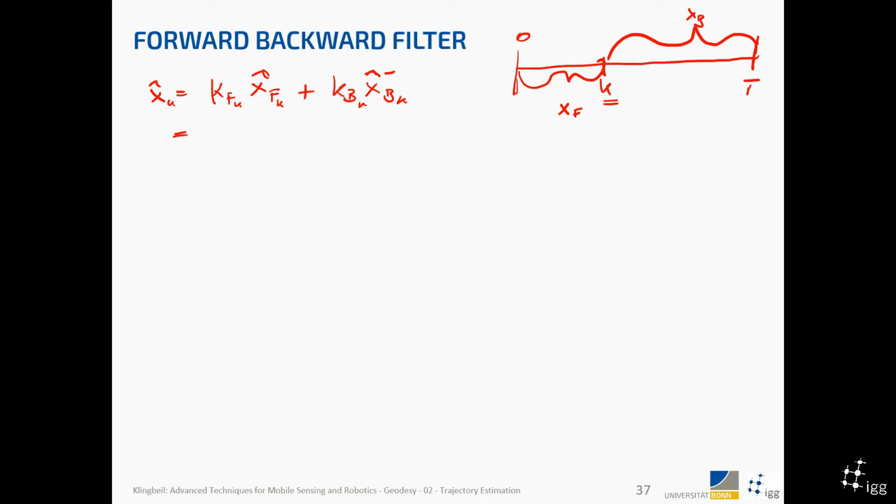You can now say that KF and KB have to sum up to 1. So the sum of K, so both parts have to be summed up to 1. So you could rewrite this a bit to this.